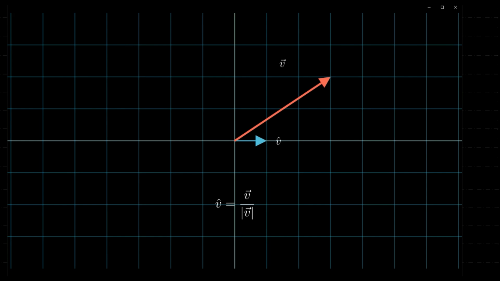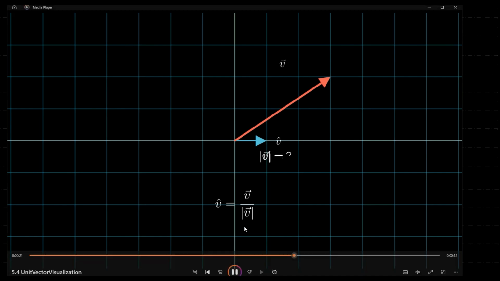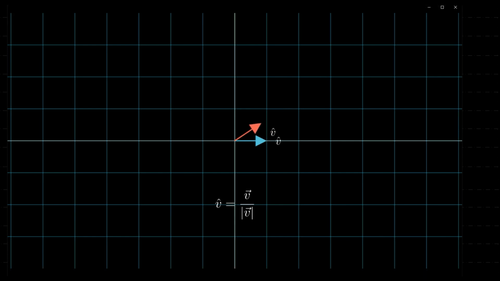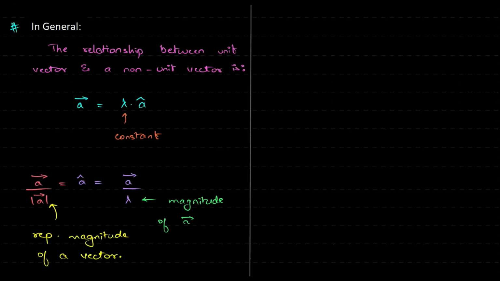Next is another vector, same vector V itself. So this is of length 3.61. If I want a unit length, what should I divide vector V with? Of course, 3.61, that's it. And you will end up with a vector whose length is 1, but in that given direction. So that's the whole funda.